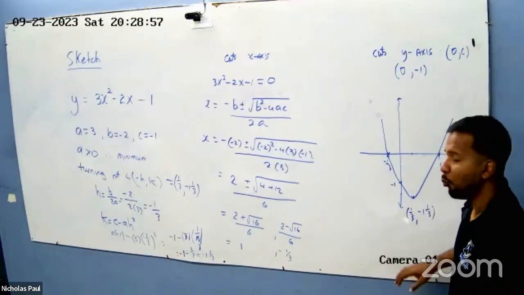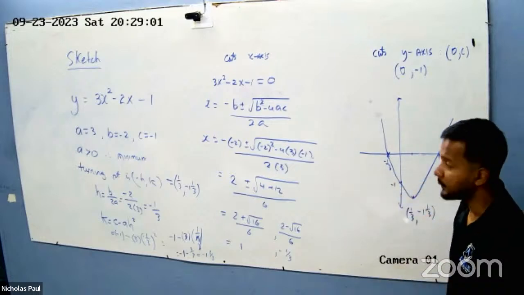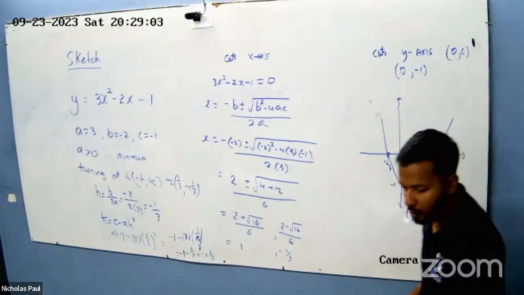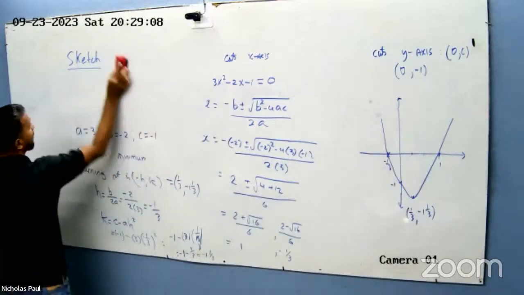All right, so what we're moving on to is something to do with this here, right? So our next heading that we're going to focus on is something called the discriminant.